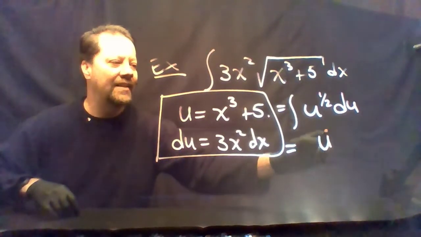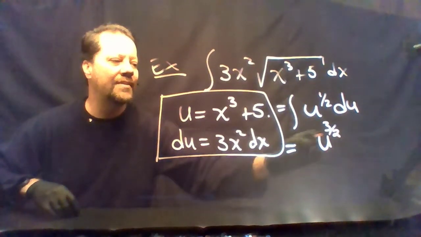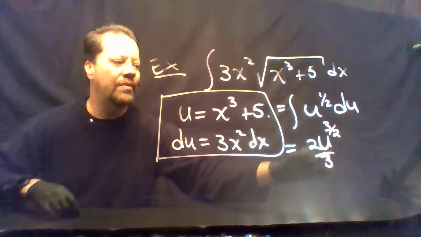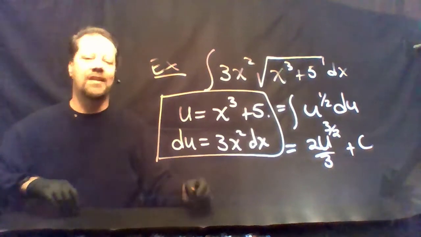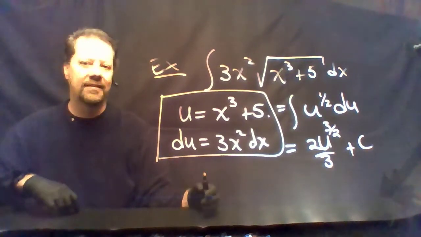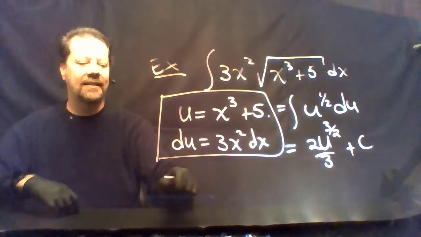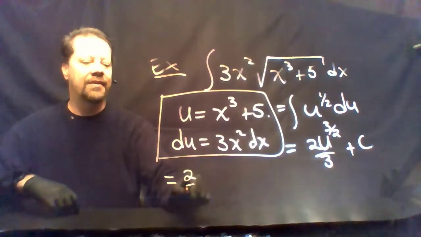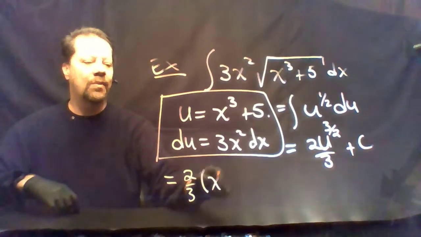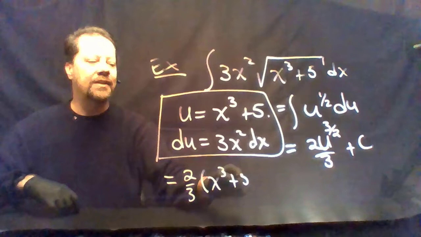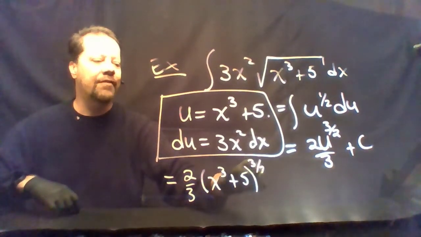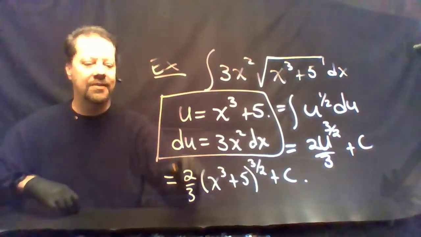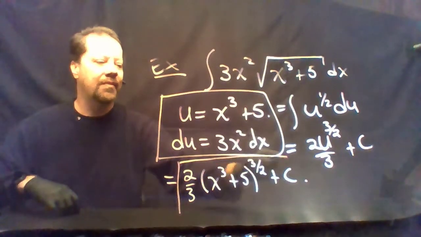We have then u to the power of 3/2 times 2/3 plus an arbitrary constant of integration. Substituting back, we have 2/3 times the quantity x cubed plus 5 to the power of 3/2 plus an arbitrary constant c.